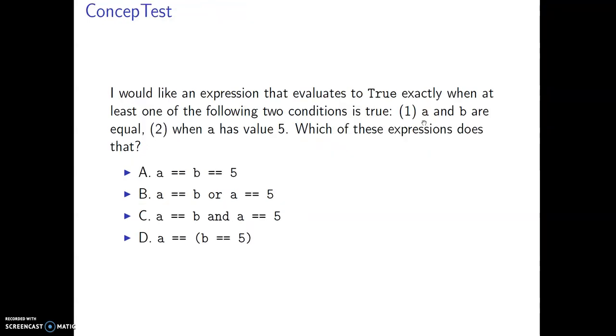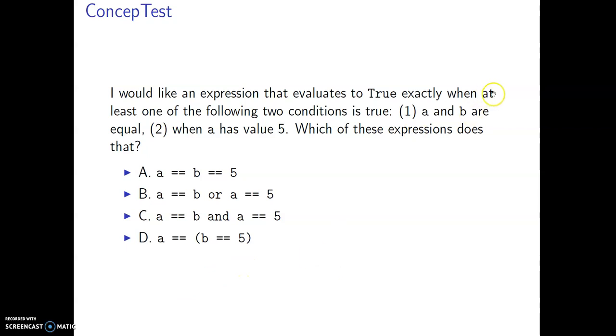So we want an expression that evaluates true exactly when at least one of the two conditions is true. So at least one, that's key there. So A and B are equal to 2 when A has a value 5. Which of these expressions does exactly that? Take a moment.